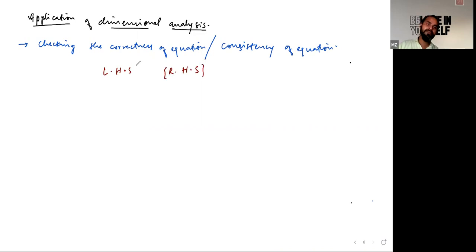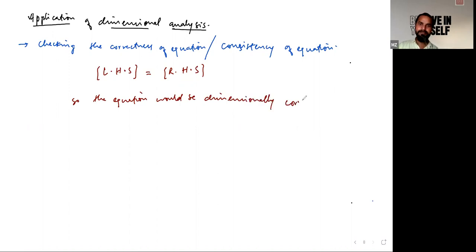If dimensional formula on either side would be equal, then we can say it is dimensionally correct. So the equation would be dimensionally correct.